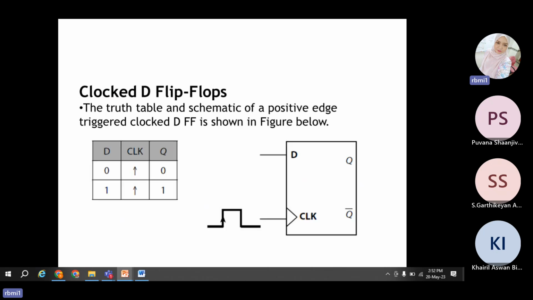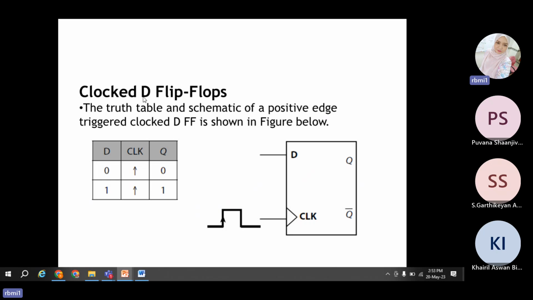Alright, next we have the clock D flip-flop. This is a D flip-flop with one input here, D, an input clock signal, and a single output. We call it the delay flip-flop.